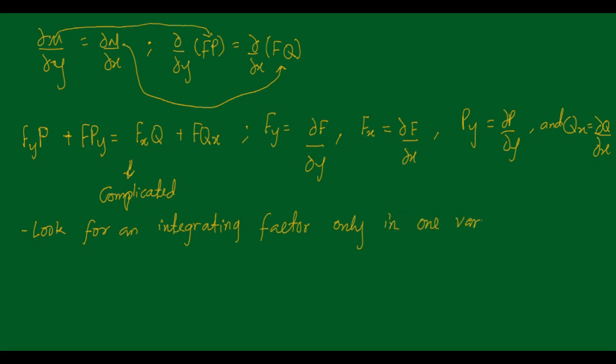So we are going to be considering two cases. The first case is where f, which is our integrating factor, is solely a function of x. And the second case is when f is solely a function of y. So we're going to be taking a look at these two case studies to simplify our solutions, rather than taking f as a function of two variables, that is x and y.